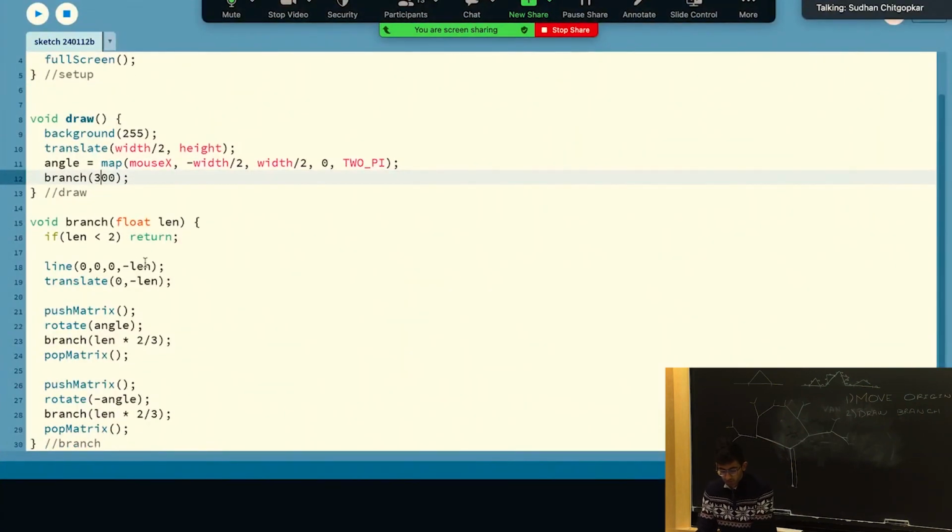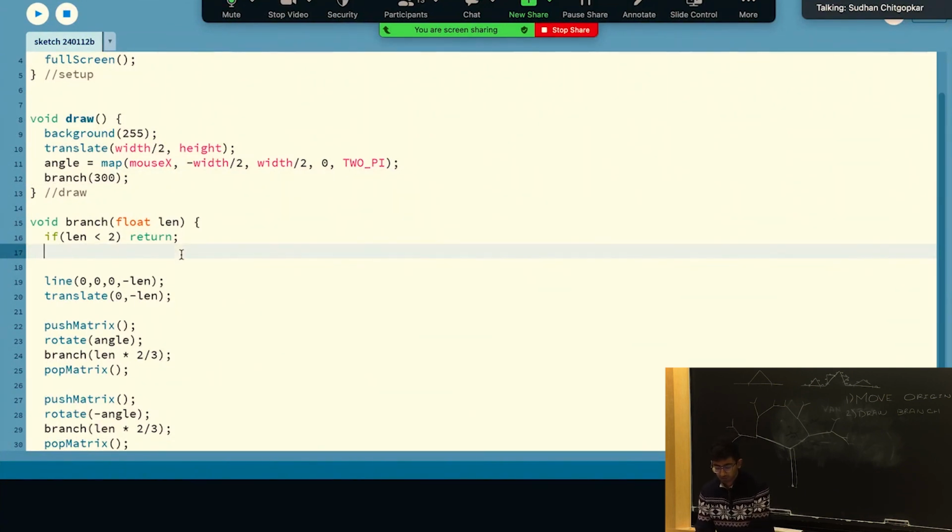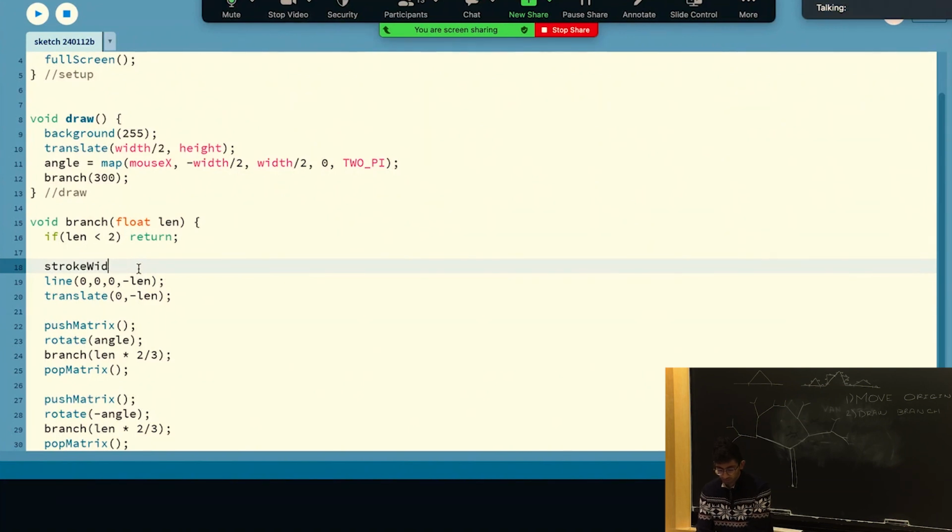Just as branches get shorter as you go up, they also get thinner as you go up. And so let's go ahead and change the stroke width to be thinner or thicker based on where this branch is. So remember, the length is going to determine the branch's height up. And so if we say that our stroke width is going to be, maybe let's say between 3 and 0.5, we want to map the value from the smallest that it can be, which is 2, to the biggest that it can be, which is 300.